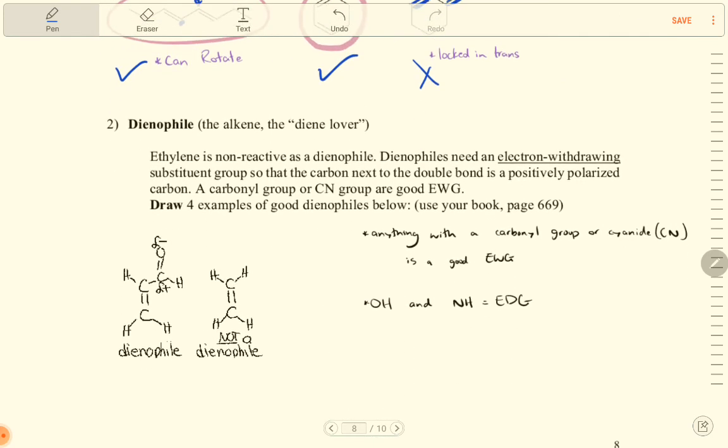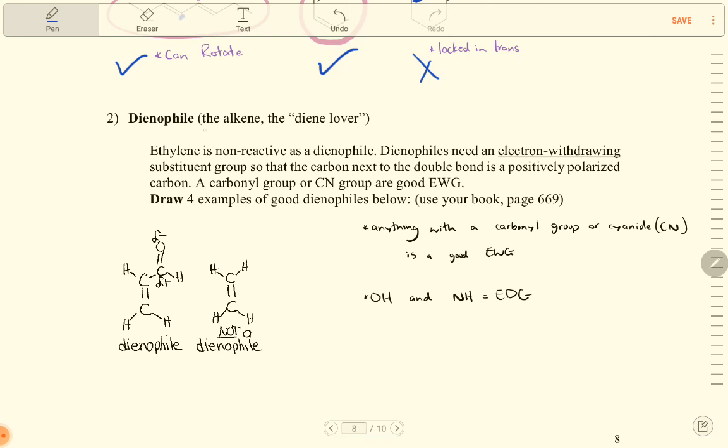Now when you talk about a dienophile, it's like an alkene, the diene lover. They love dienes, dienophile and diene. So ethylene is non-reactive as a dienophile. A dienophile needs an electron withdrawing substituent group so that the carbon next to the double bond is a positively polarized carbon, and a carbonyl group or CN group are good electron withdrawing groups.